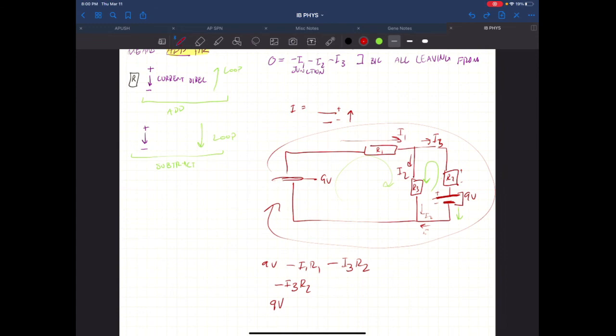So when you eventually add them up, your I3 from this loop will be going the opposite direction from what you have drawn. Does that make sense? It's flowing the opposite direction to what you have drawn right now, but it would still come out okay. You would still be able to solve it.